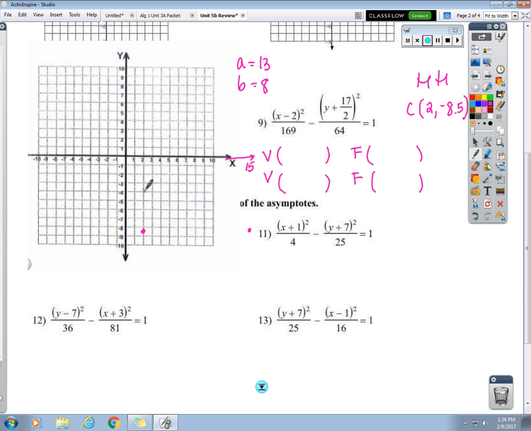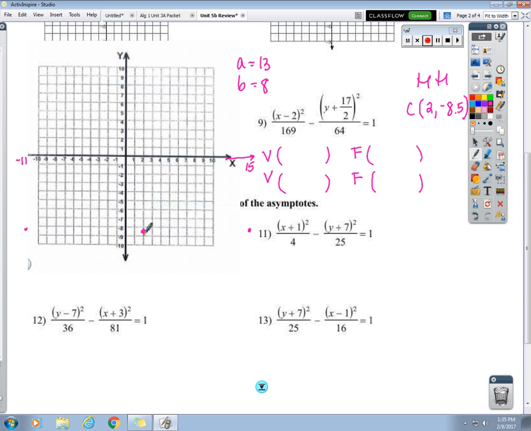And then if you go left 13, where will that land? -11. So way over here. Okay, now, that's just the first part of my box.